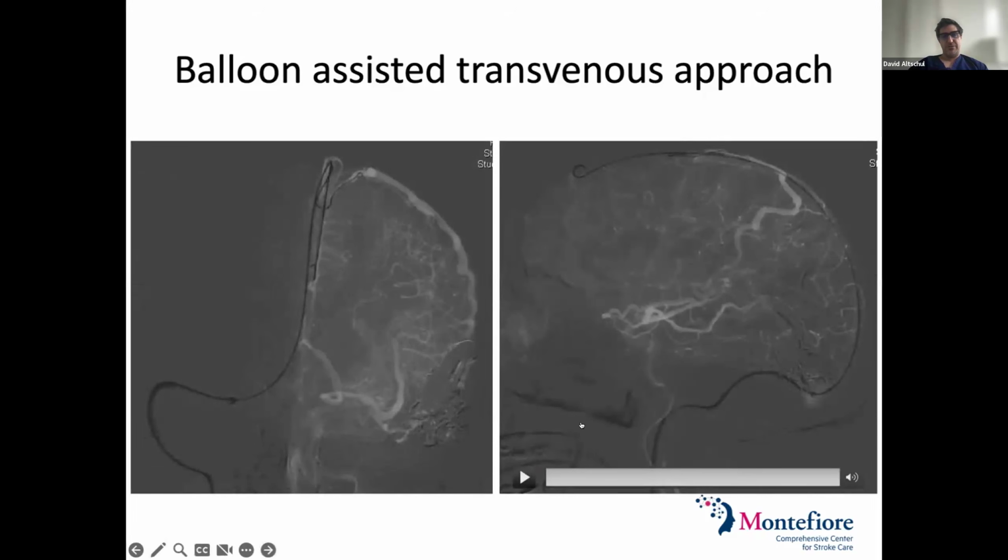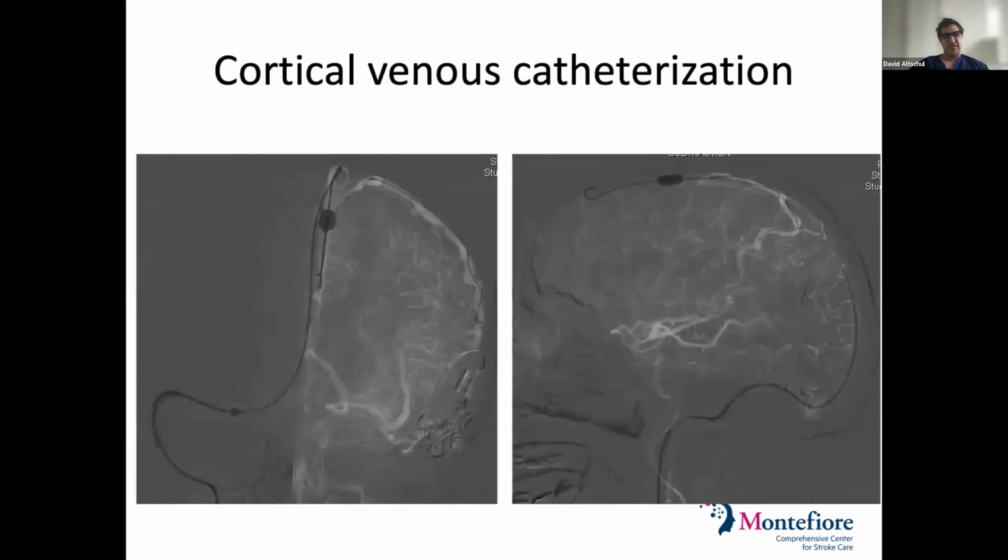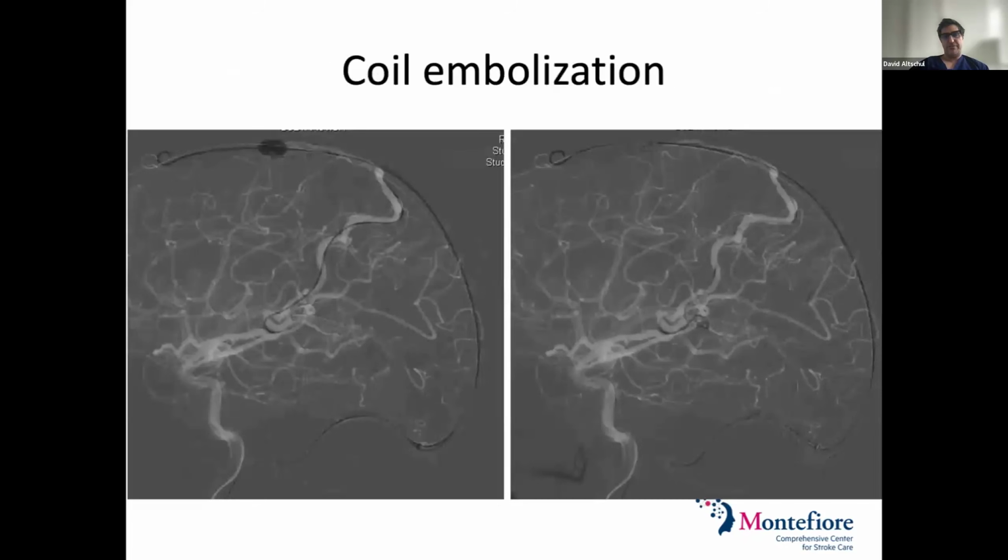So I was able to use that balloon to help deflect the microcatheter into the vein and get it to come around down that cortical vein. I was using, I believe, a Headway Duo inside the cortical vein, and the plan was actually just to coil off that part.